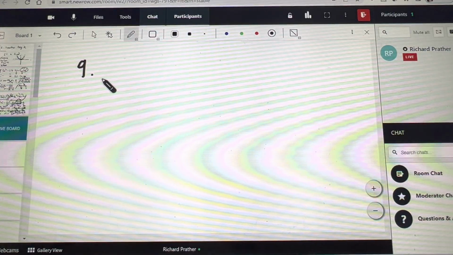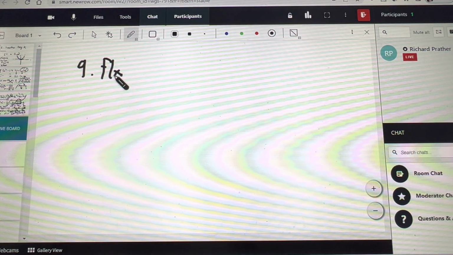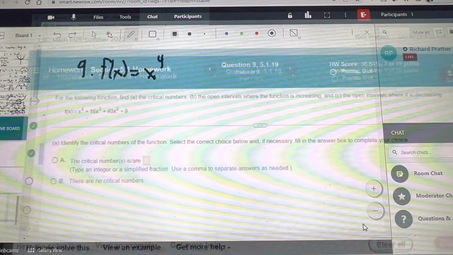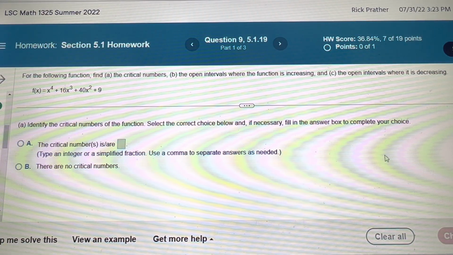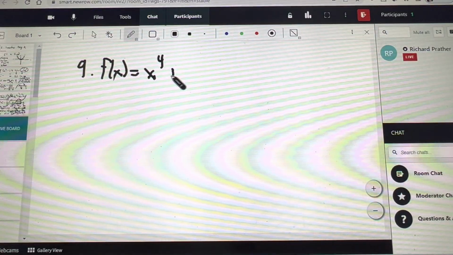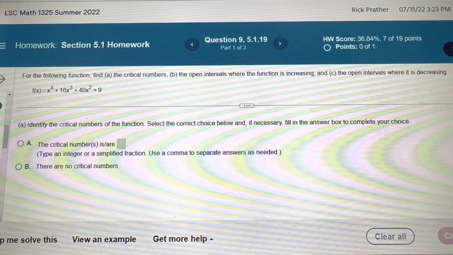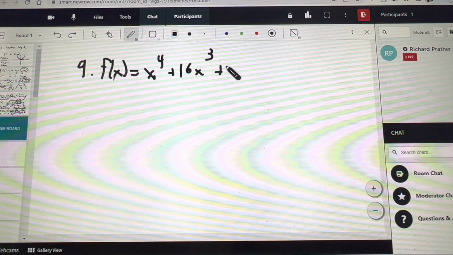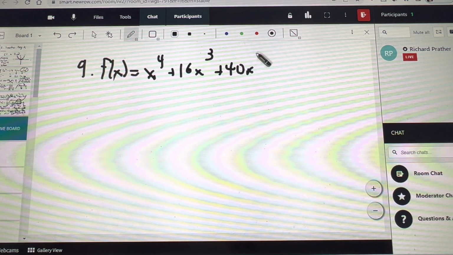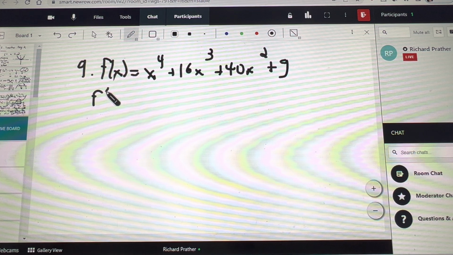You don't just assume that it's always going to be changing from section to section. F of x is x to the 4th plus 16x to the 3rd plus 40x squared plus 9. Always get the derivative first so you can find your critical numbers.